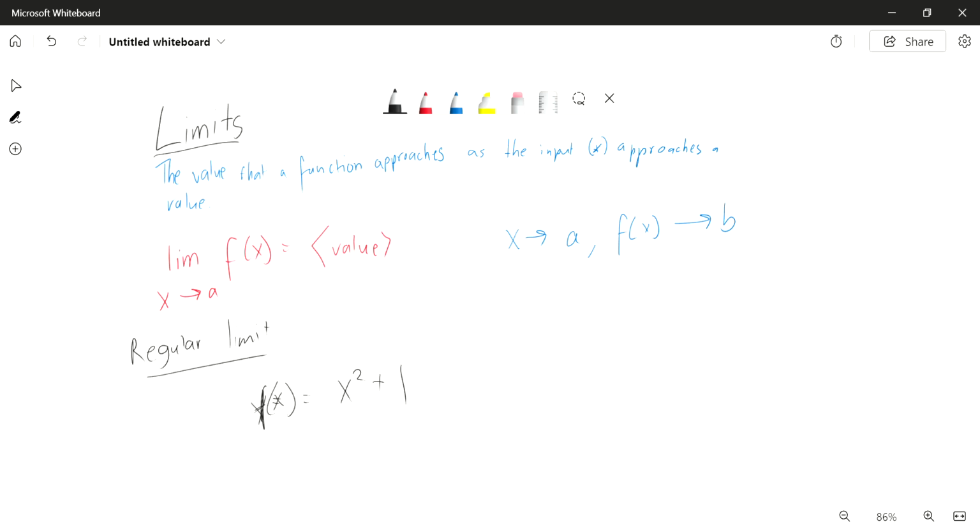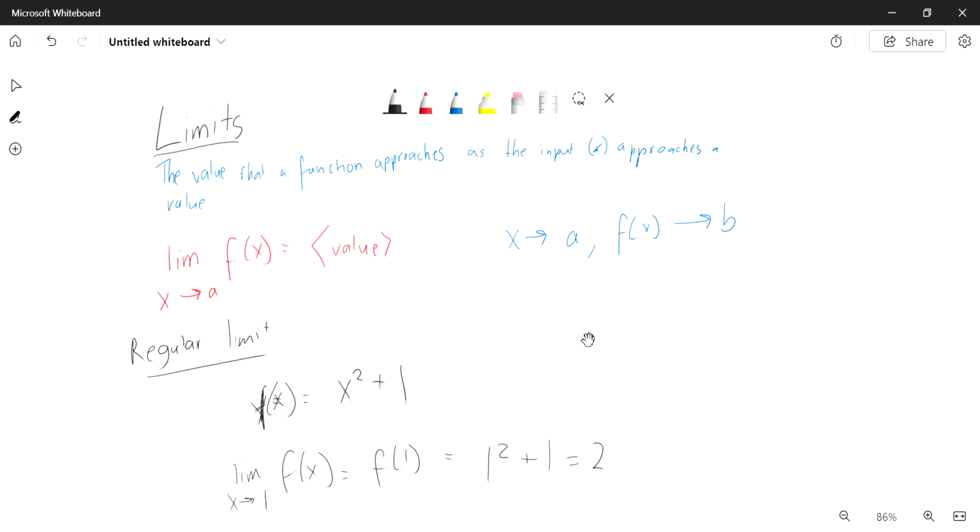If you were to find the limit of this function as x approaches 1, you could just put f of 1, right? Since this function is always continuous and there's no need to actually factor anything out. If a function is continuous at the point which you're trying to find a limit, what you could do is just plug that point into the function, and then you get an easy value. So in this case, that would be 2.